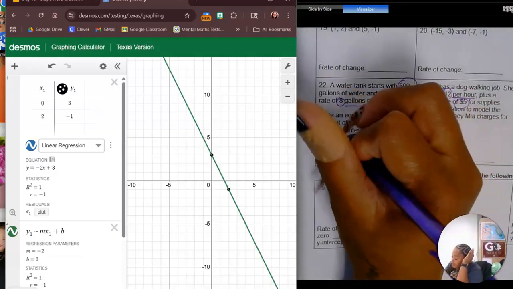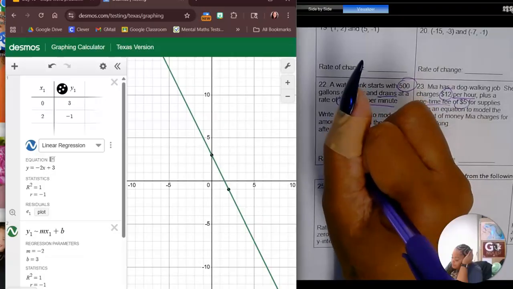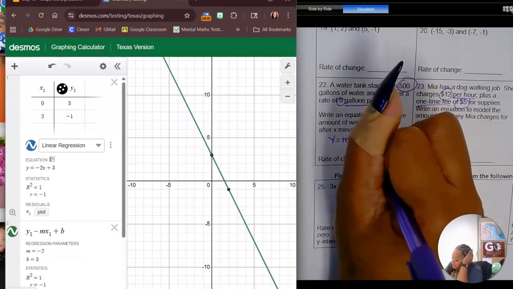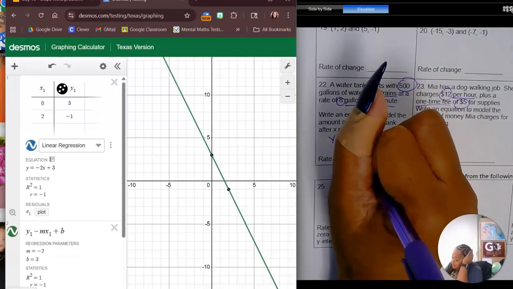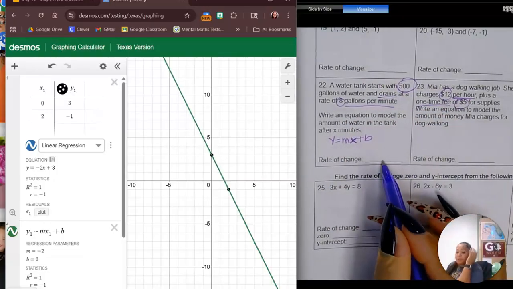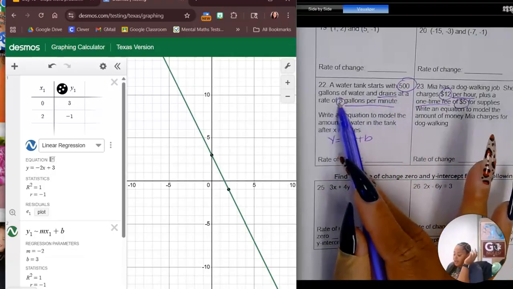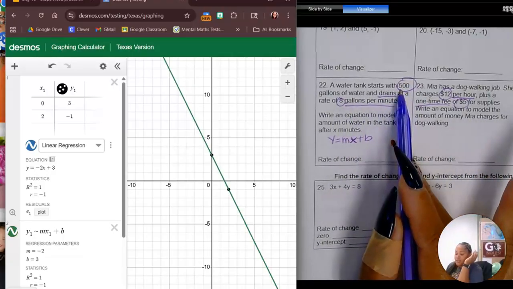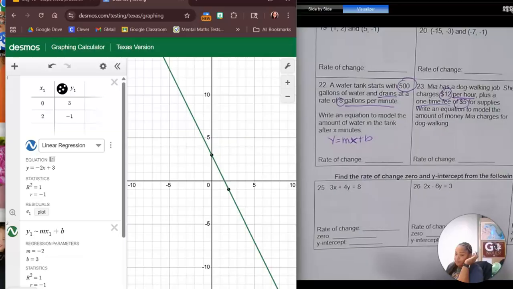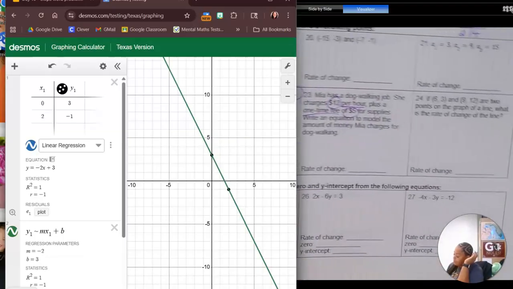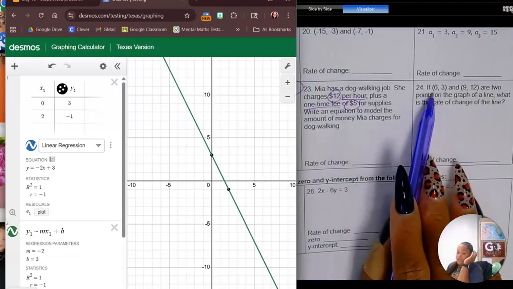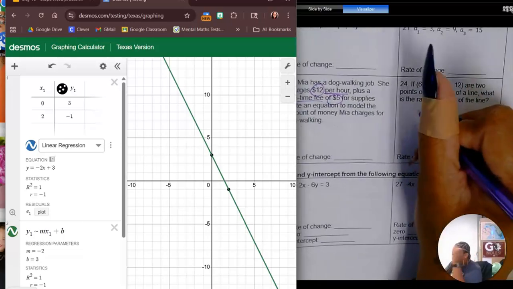So your form should be in y equals mx plus b. Then once you write that out, it will be easy to determine the rate of change. These will not go in a fraction together. This is not 8 out of 500. This is not 500 divided by 8. This is straight into the point.